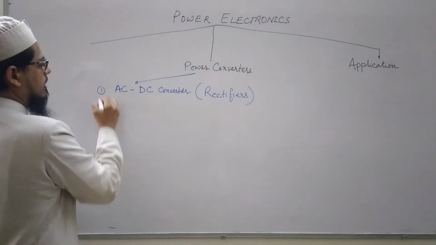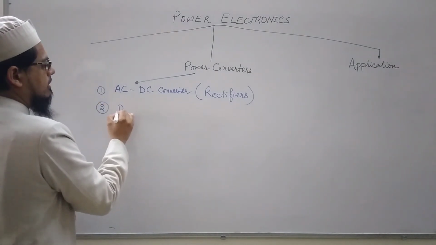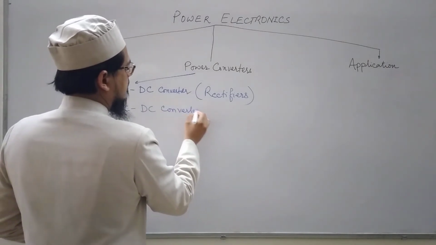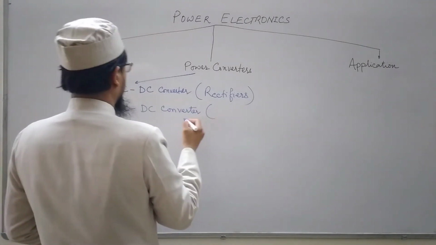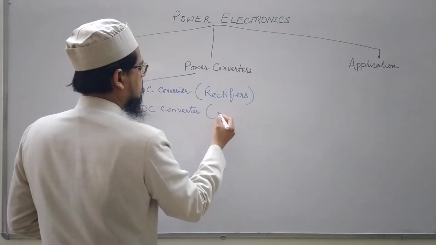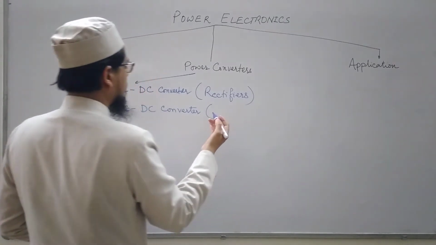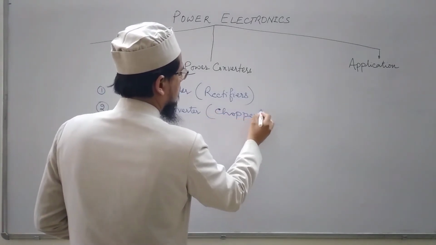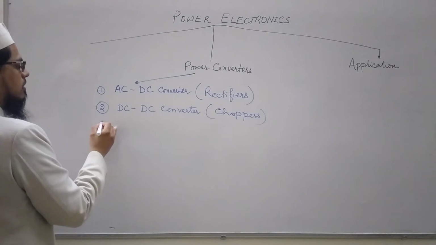The second being DC to DC converters, and we call them choppers also, for example a buck converter.